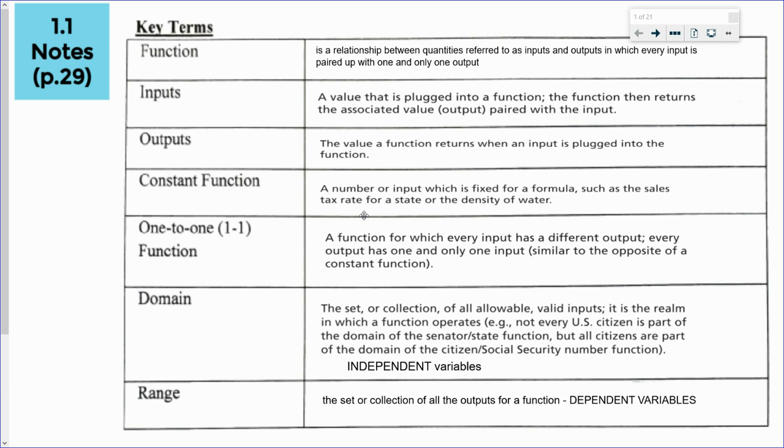Now, domain and range, probably don't need to talk about that too much. We like to think of domain as the collection of all of the inputs, and we call that independent variables. And then the range is the set or collection of all the outputs, and we call those the dependent variables.